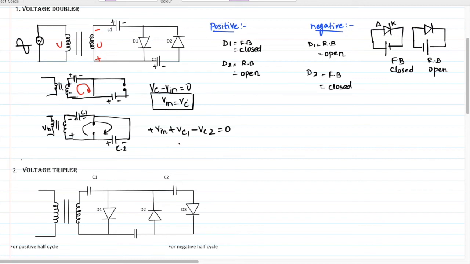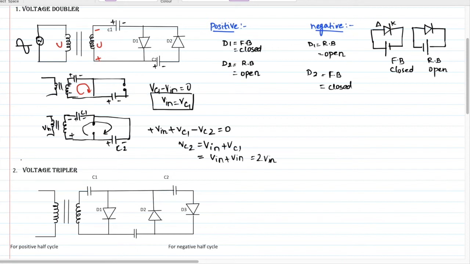We calculated Vc1's voltage. Now we will calculate Vc2's voltage: V in plus Vc1, where Vc1 is equal to V in. So V in plus V in equals 2V in.